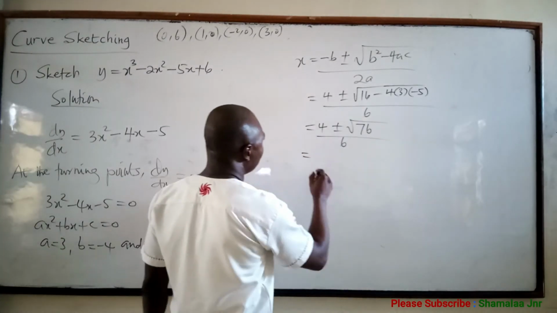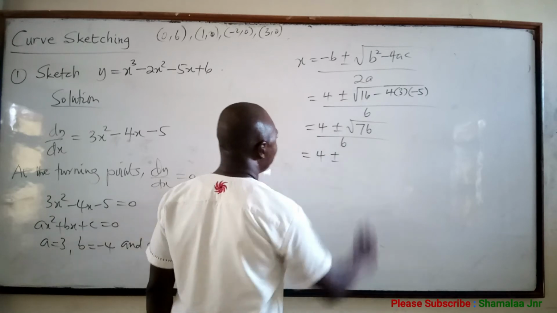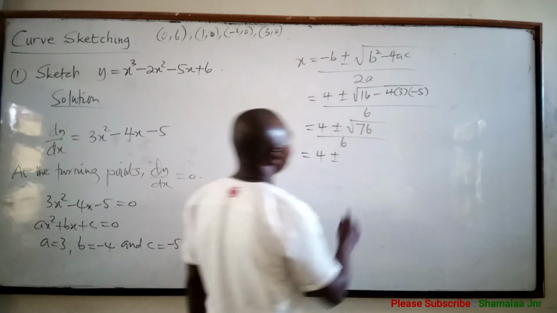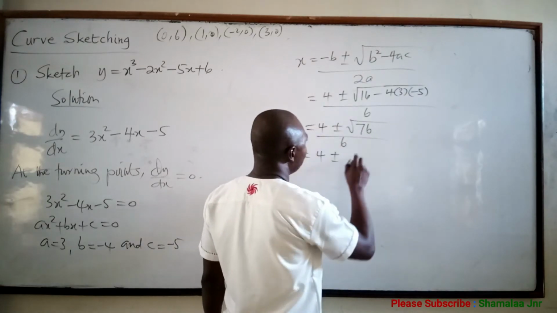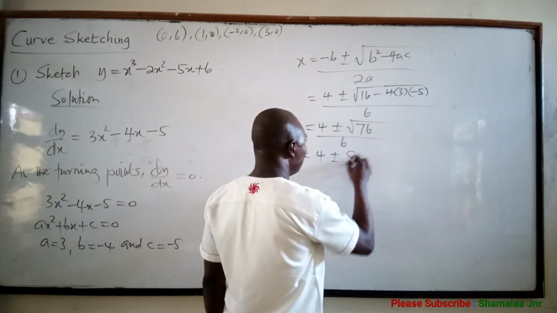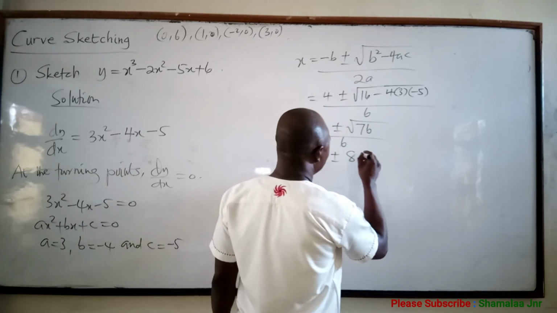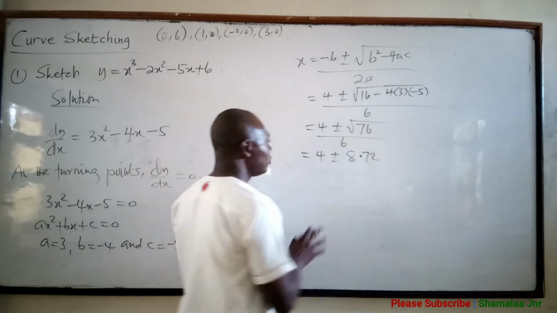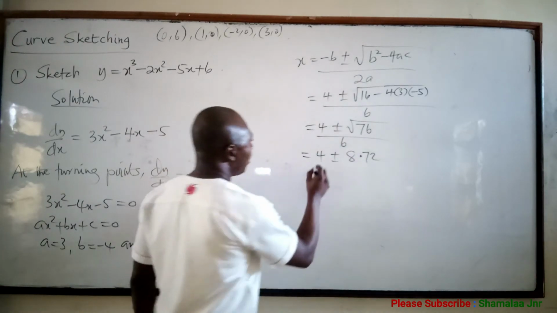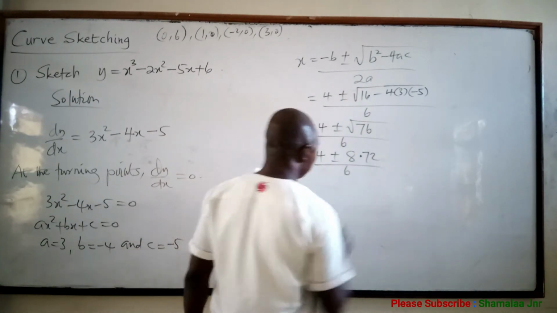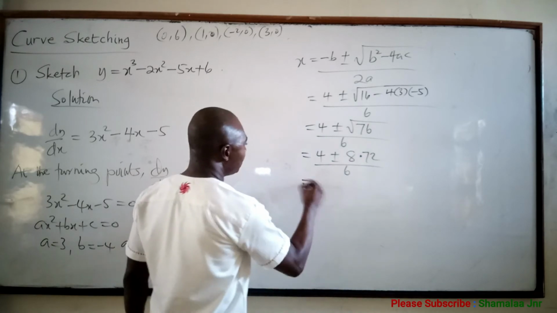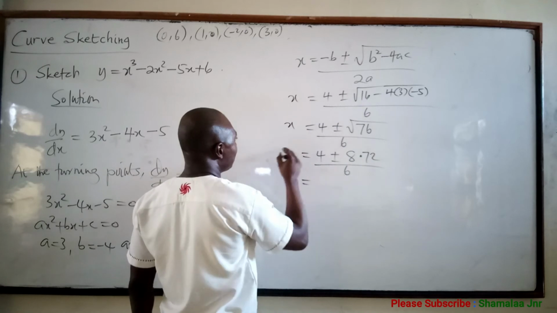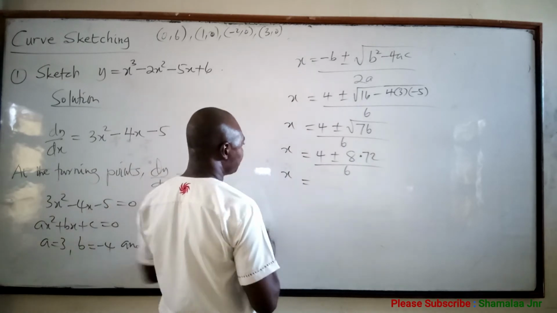Now this is equal to 4 plus or minus the square root of 76, which is 8.72, correct to 2 decimal places, all over 6.